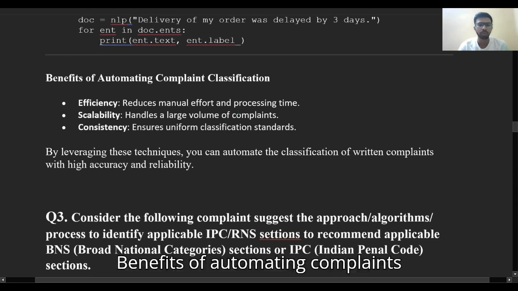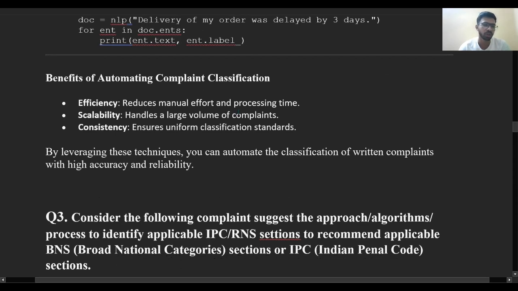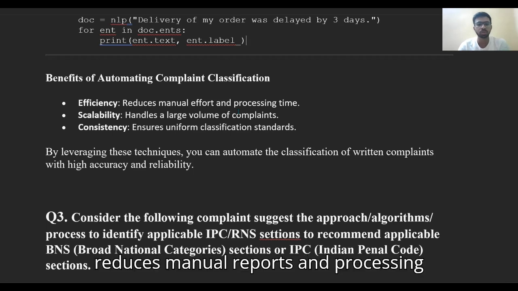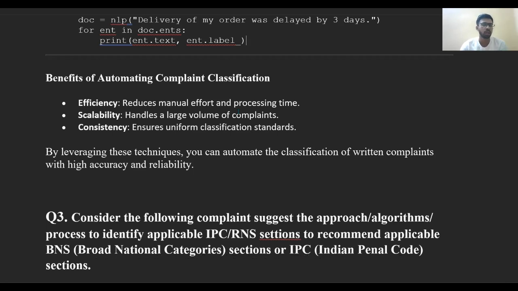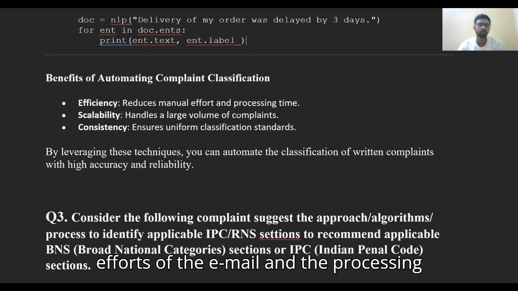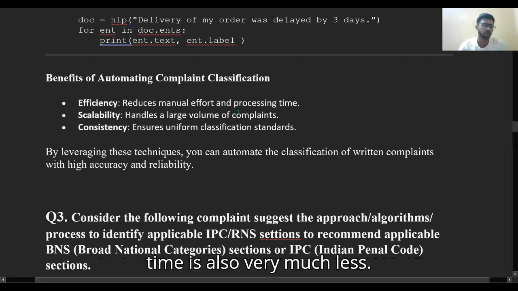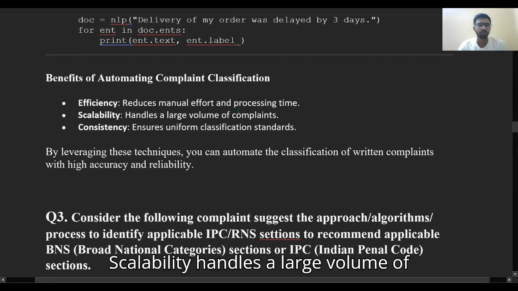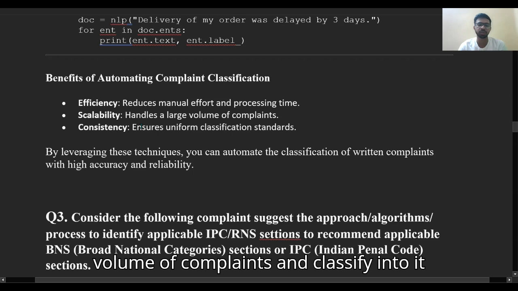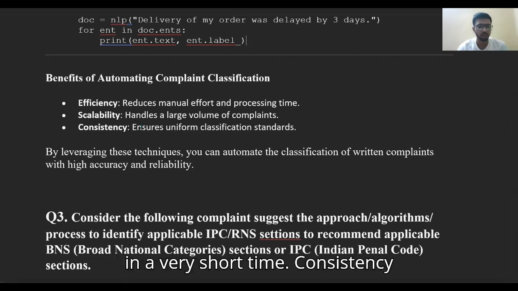Benefits of automating complaint classification are efficiency: it reduces manual efforts and processing time, so all the manual effort of the human is reduced and the processing time is also very low. Scalability: it can handle a large volume of complaints and classify them in a very short time.